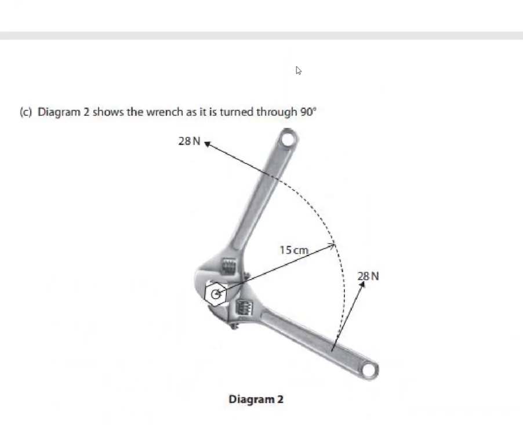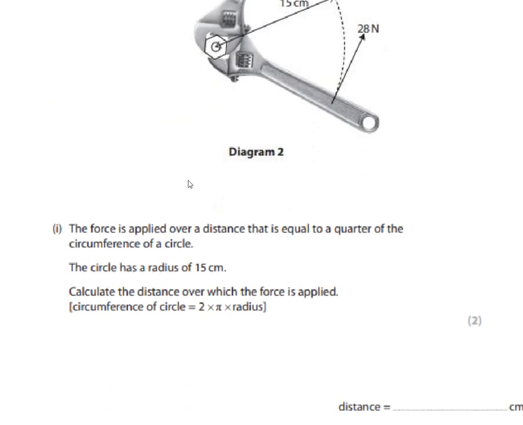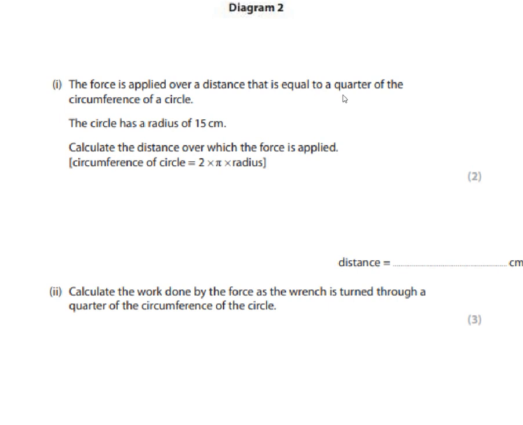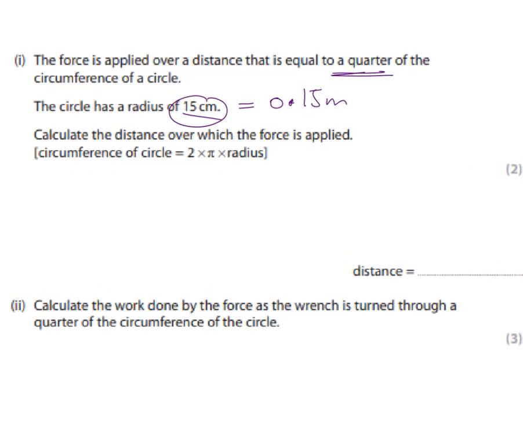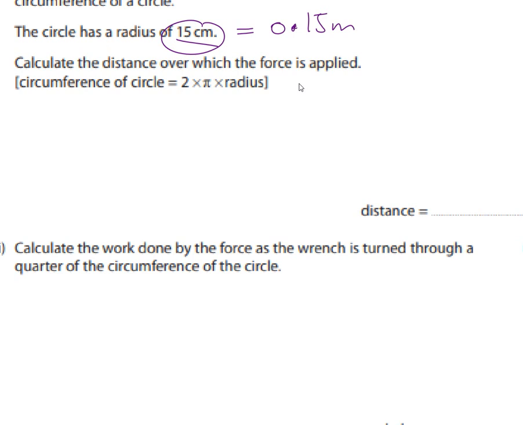Okay, now we have 90 degrees. The force applied through the distance is equal to a quarter of a circle. The radius is this much, so this needs to be converted straight away. Then calculate the distance applied. The distance is the circumference, which is 2 pi r.